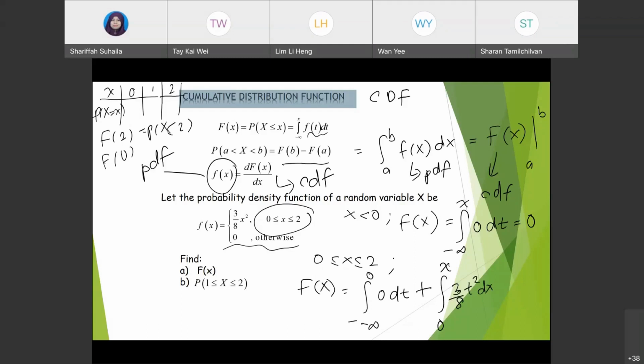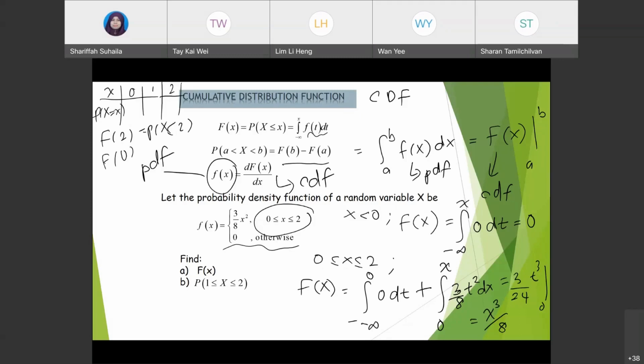Here you will have 3 over 24 t cubed, from 0 up to x, so that means x cubed over 8.